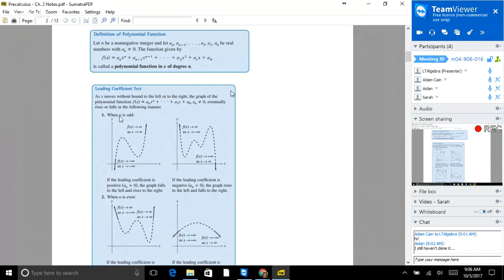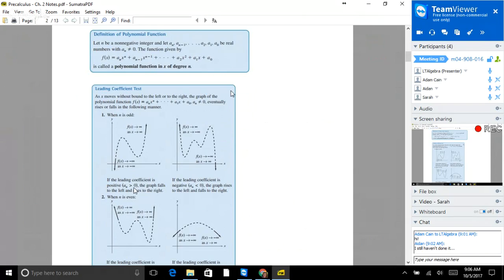If your leading exponent is odd, so if you have x to the 3rd, x to the 5th, x to the 7th power, your graph is either going to fall then rise or rise then fall, depending on whether the leading coefficient, the leading number, is positive or negative.